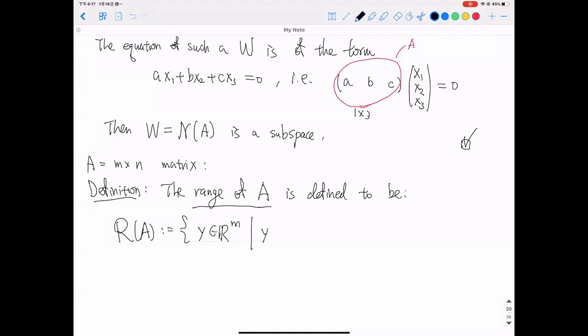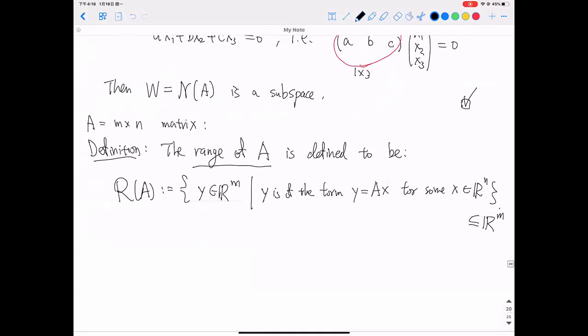Okay, so that y is of the form y equals to A times x for some x in Rn. Okay, so by definition, this is a subset of Rm.